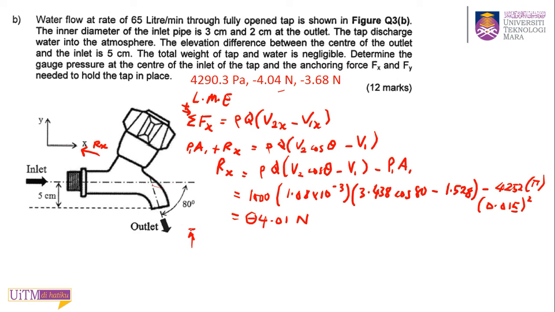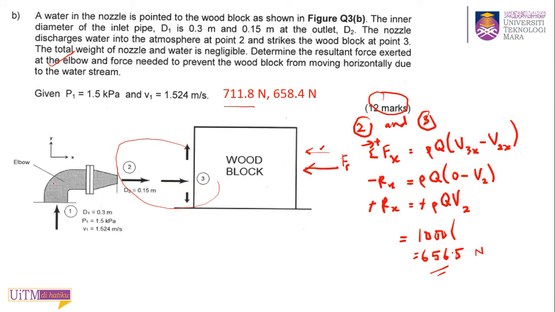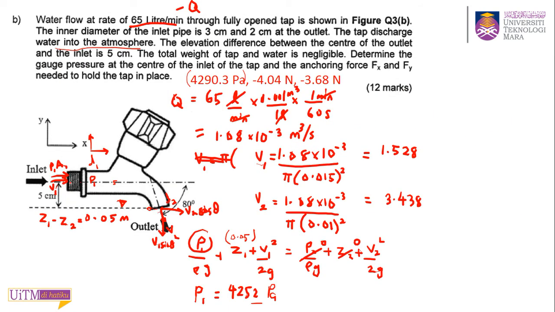So do the same for Fy. Output is positive. Fy equals rho times Q times V2y minus V1y. The force in y direction, you have only Ry.